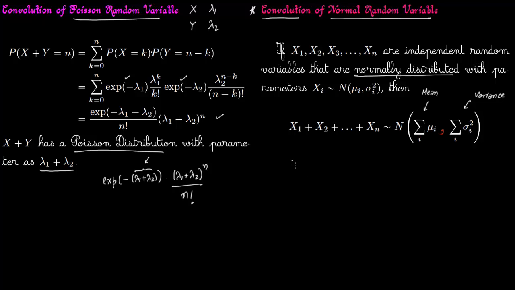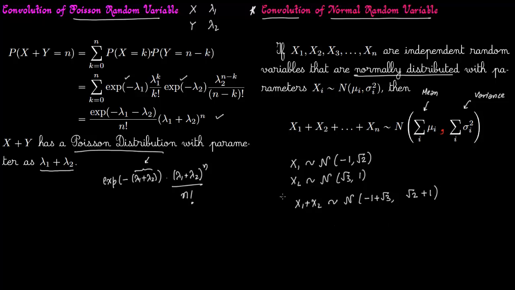So for example, if x1 is normally distributed with mean minus 1 and variance root 2, and x2 is normally distributed with mean root 3 and variance 1, then x1 plus x2 is normally distributed with mean minus 1 plus root 3 and variance root 2 plus 1. So this is important to understand.